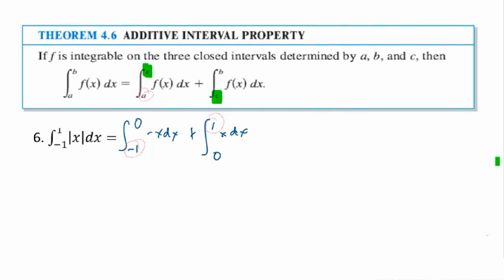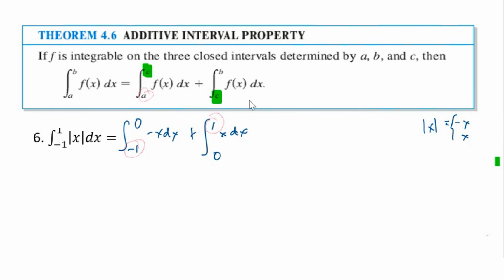Let's recall that for the absolute value of x there are two possible answers: negative x and positive x. We use negative x when x is less than 0, and positive x when x is greater than or equal to 0.